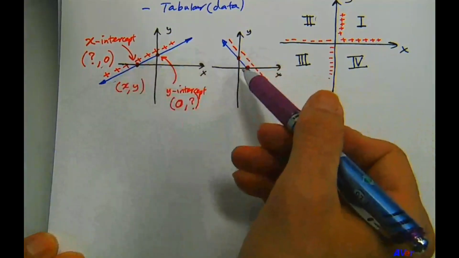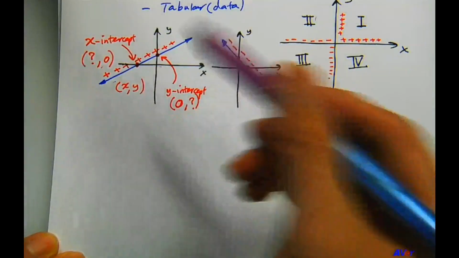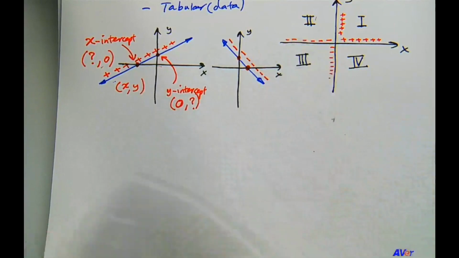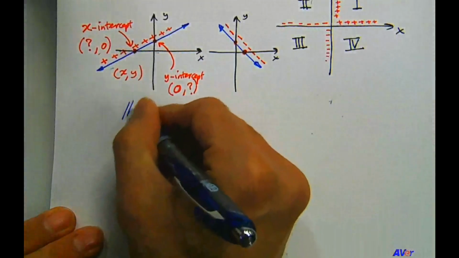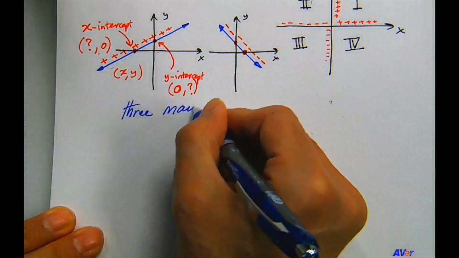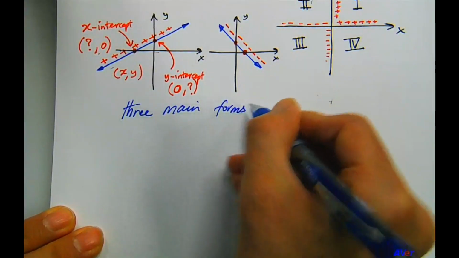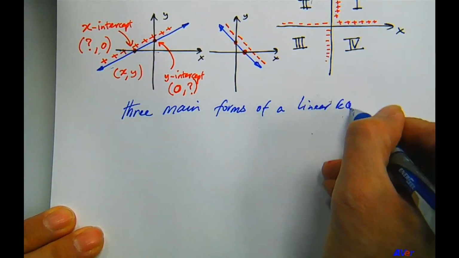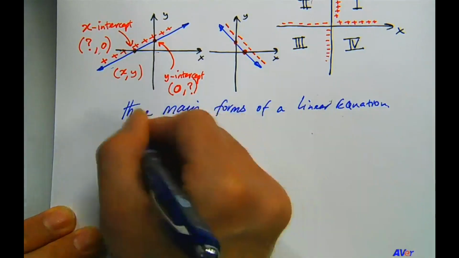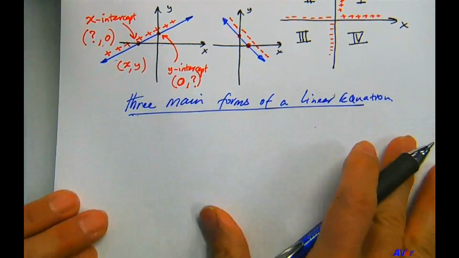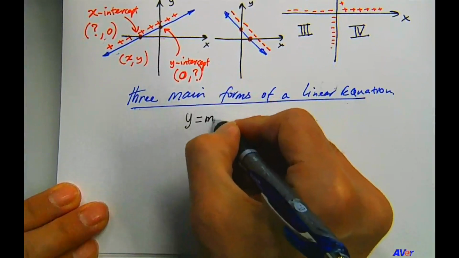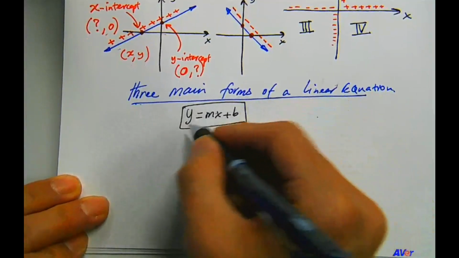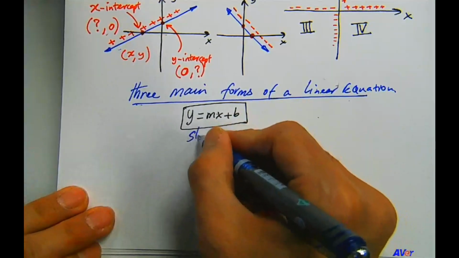Okay, so we've talked about the line. Now the symbolic representation of this line has three main forms of a linear equation. So we have this form, y equals mx plus b, and this is called the slope-intercept form.